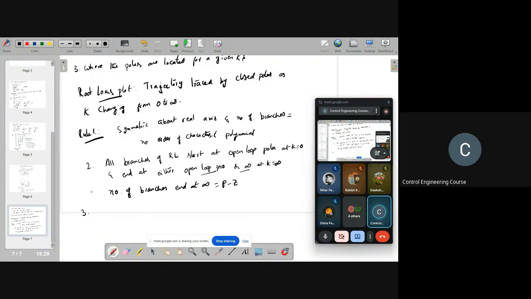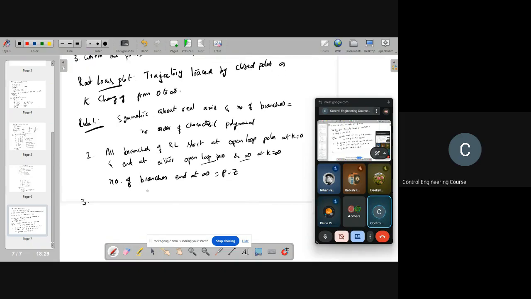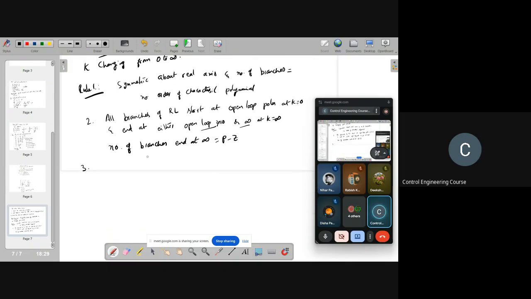And the third point is, suppose you want to say whether the root locus exists on the real axis or not. So what we do is, let's say, for example, this is an S plane, and suppose you are given G of s, which is a numerator polynomial by a denominator polynomial.